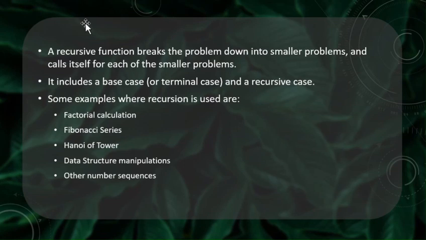The other part is the recursive case, which is the part which can be expressed in smaller versions of itself. Here, the function calls on itself. Now, recursion, as we know, can be used for solving problems related to number series or math sequences and is widely used in data structure manipulation.